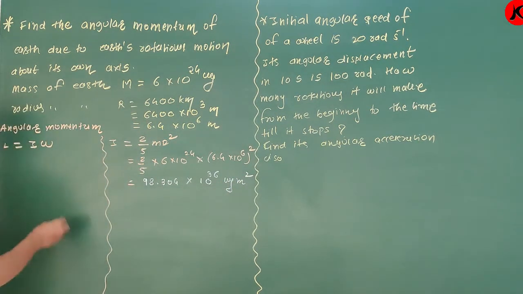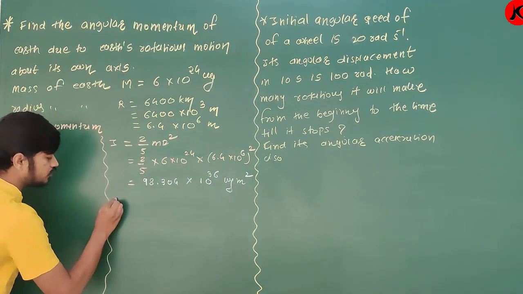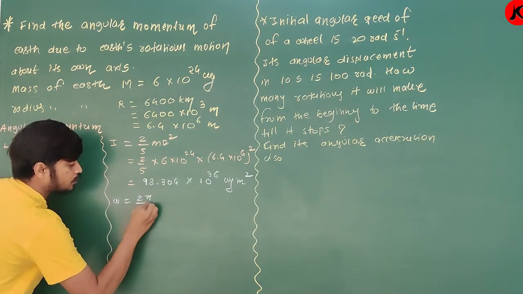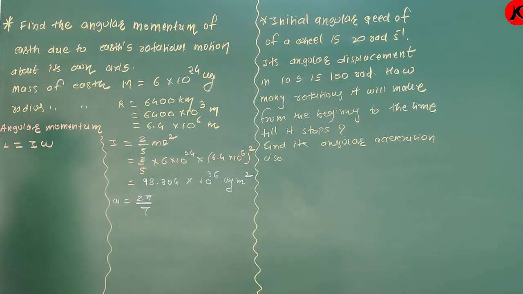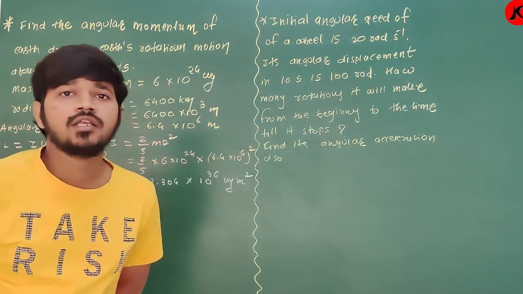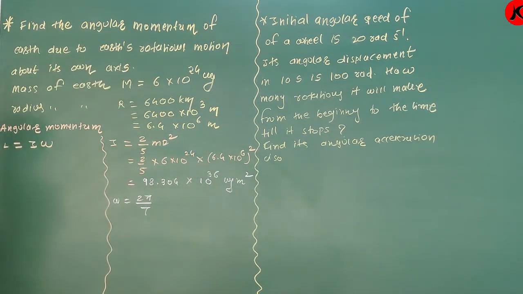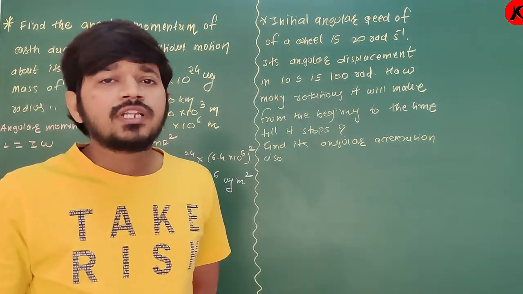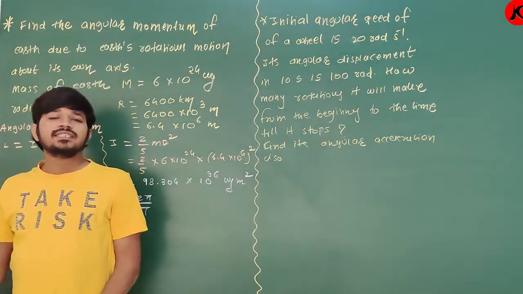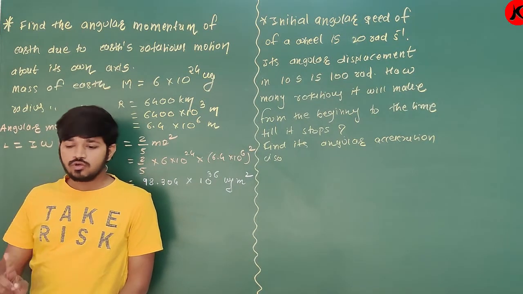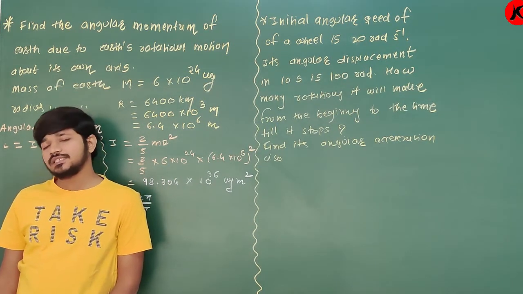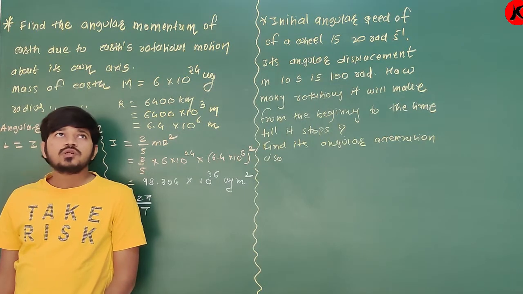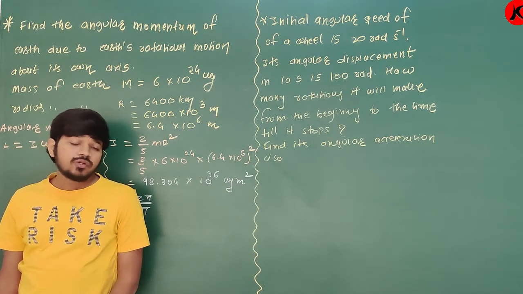Now another thing we have to find is omega. Omega is equal to 2 pi upon T. You know its equation. T means the time period, the time to complete one rotation about its own axis. What is the time to complete one rotation about its own axis for Earth?